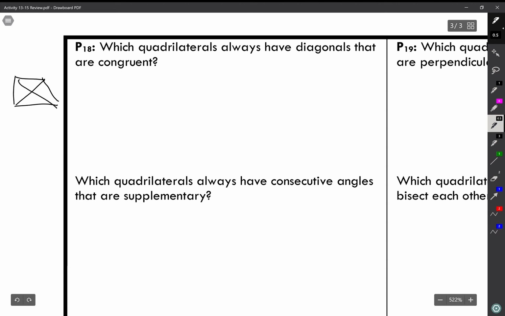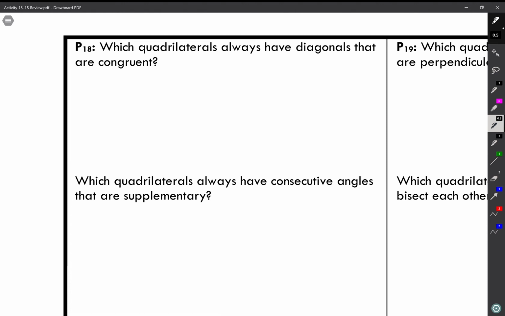No, trapezoids can look super weird for that to even be the case. Parallelogram? No, that one's obviously much shorter than that one. A rhombus is going to be the same thing. Nope, the diagonals will not be congruent.